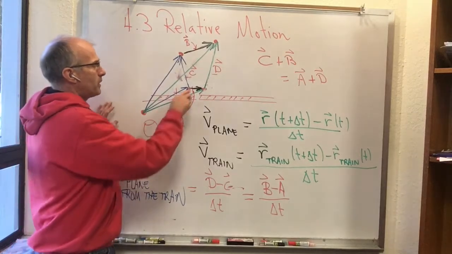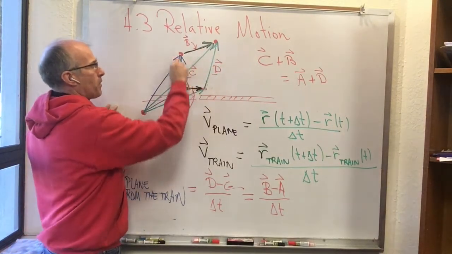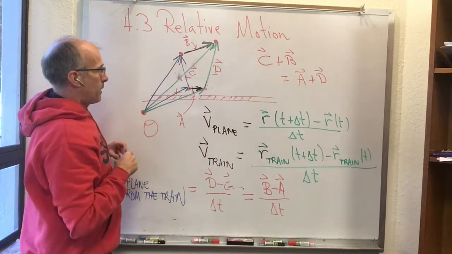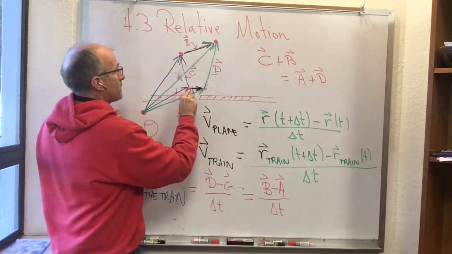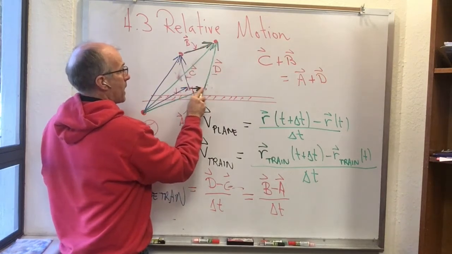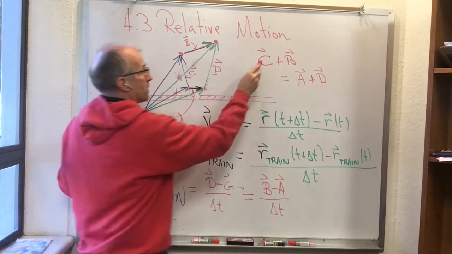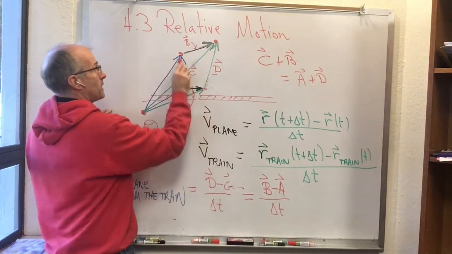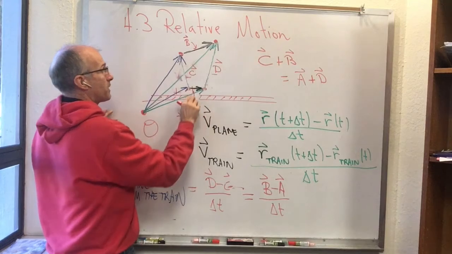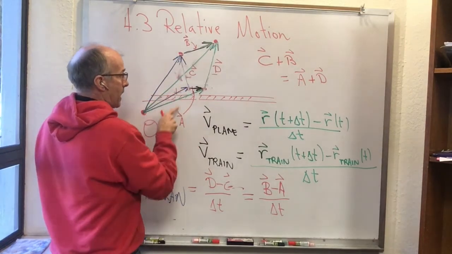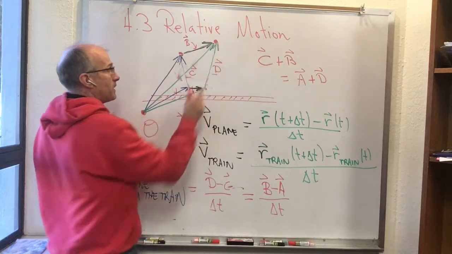Now, look at this crazy shaped quadrilateral here. You can see that c plus b is a plus d. C plus b, going that side around the quadrilateral, is a plus d.